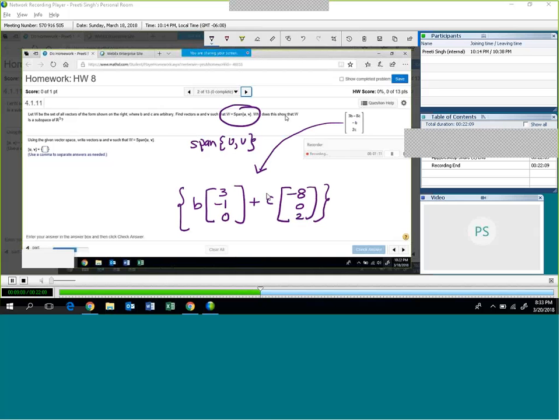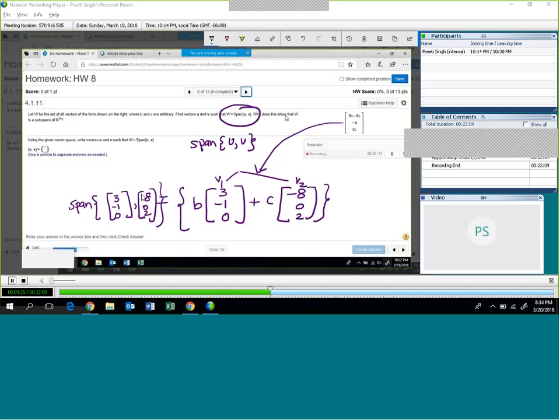So basically, I'm taking the span of these two. The b and c are just arbitrary constants, real numbers. So I'm defining these as v1 and v2, and taking the span of v1 and v2. So this set can be written as the span of (3, -1, 0) and (-8, 0, 2).